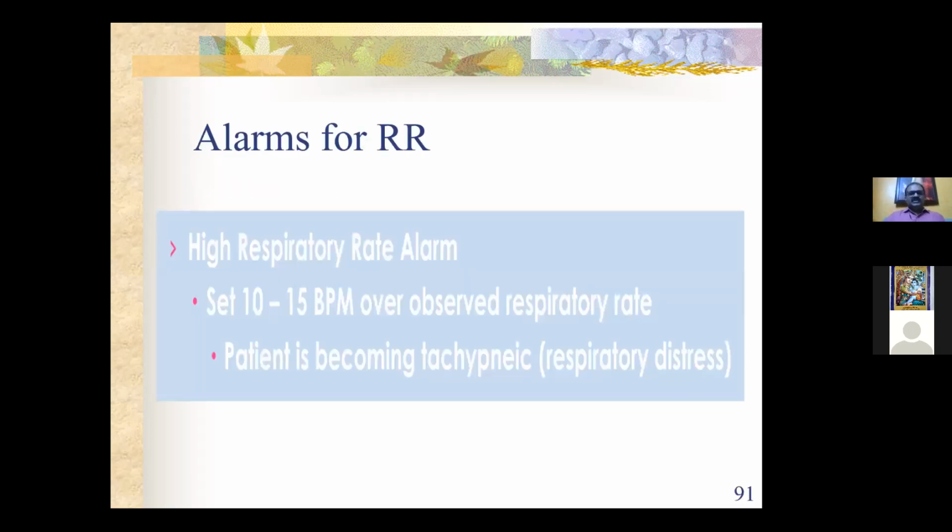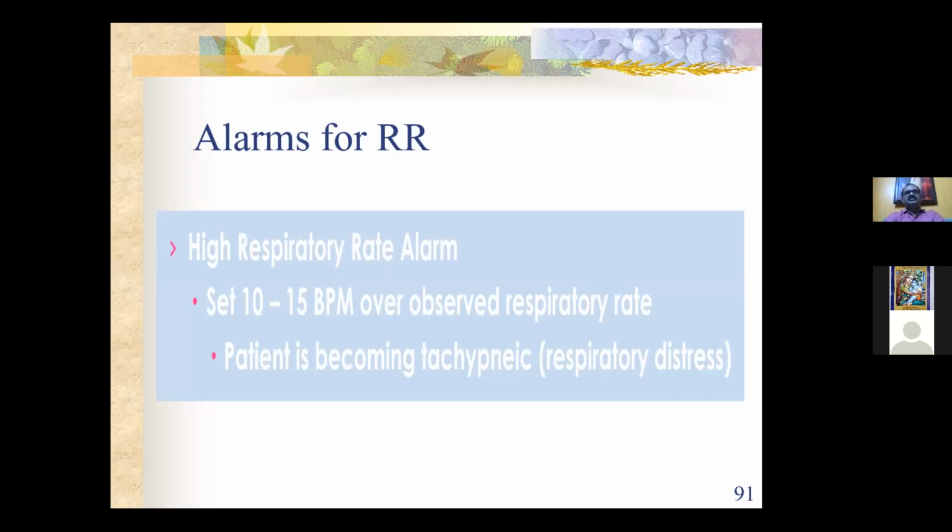Then alarms for respiratory rate. A high respiratory rate alarm will be there, and a low respiratory rate alarm will be there. In a high respiratory rate alarm, we'll be setting 10 to 15 breaths per minute over the observed respiratory rate.